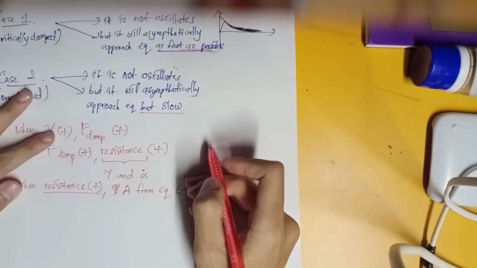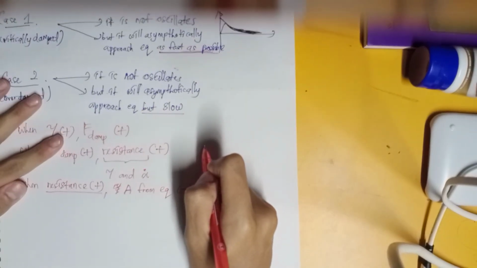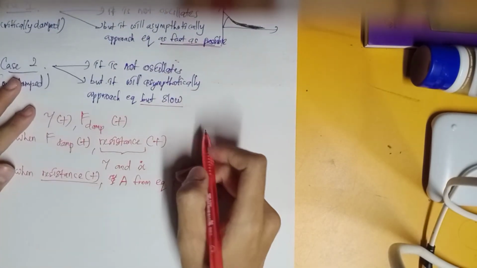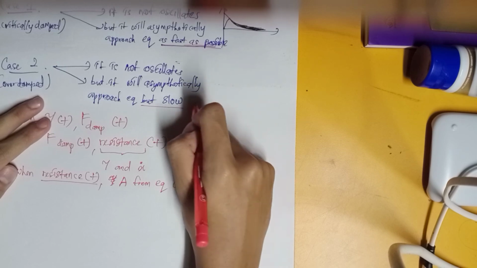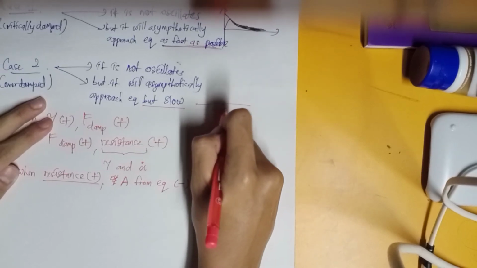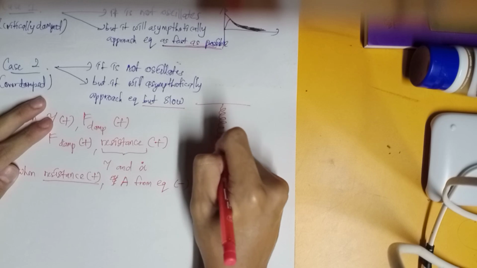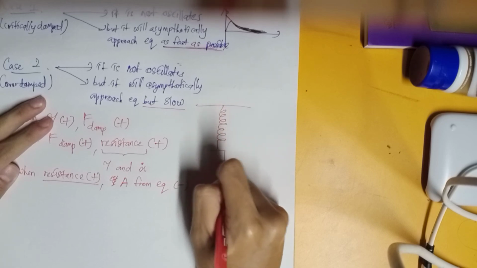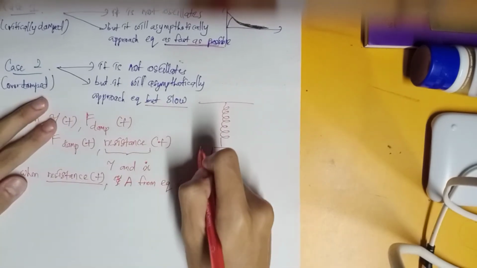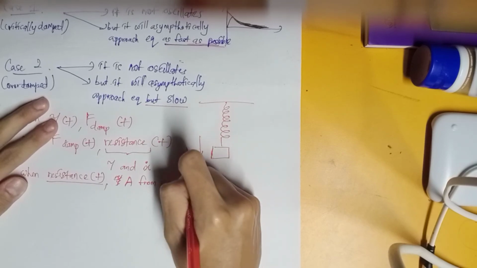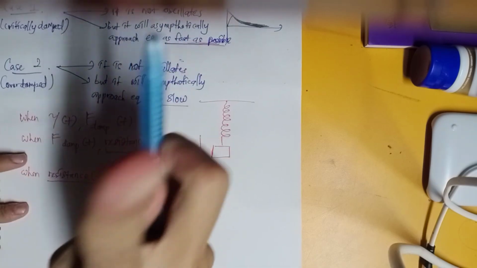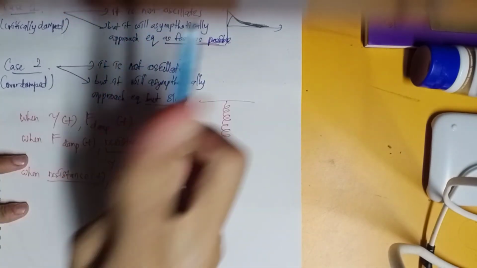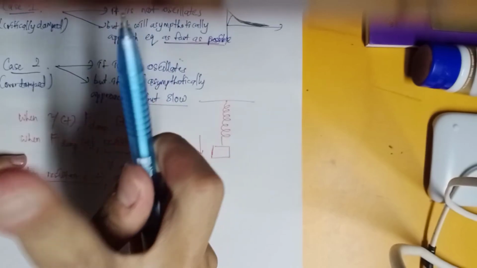Let me think of an example. Let's say that we have a spring here, a vertical spring with a block. Let's say that the object is moving downward, with velocity V right here. When the damping constant increases, the damping force increases.